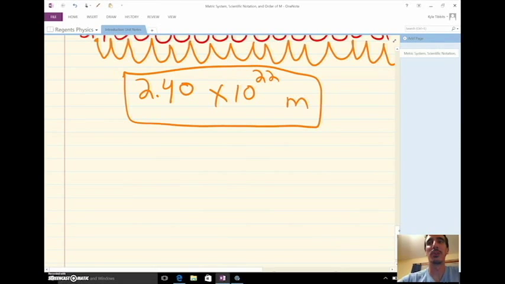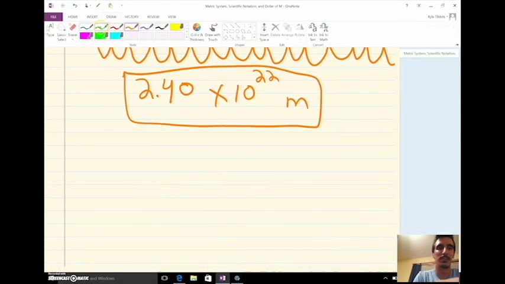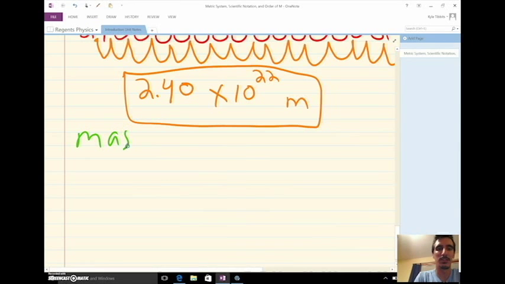Okay, let's do one more. This time we'll do the opposite direction. Actually, why don't you try this? We'll do it together. We'll look at the mass of a proton. This time it's actually a really small number. We've got 0, point, a whole bunch of zeros.